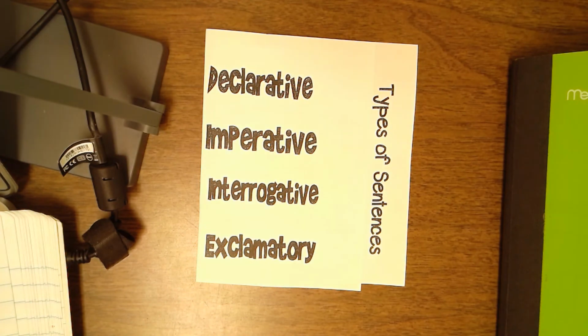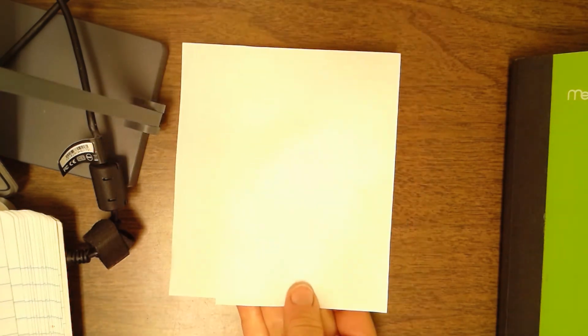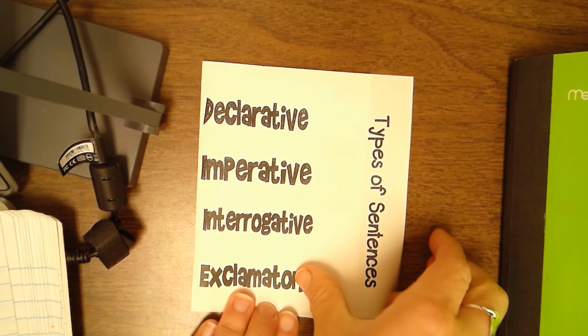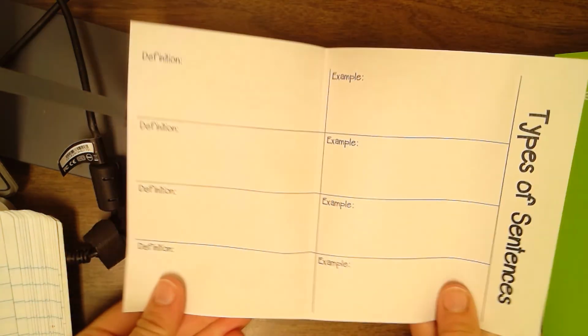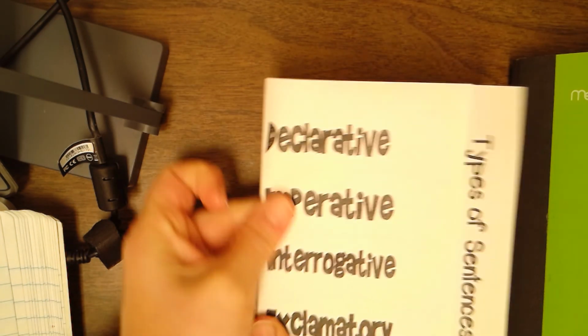So when you're done, it should look like this, a little book with the 4 types here, types of sentences here. The back side should be completely blank, okay? Then when we open it up, you should have the definition and the examples on the inside, okay?